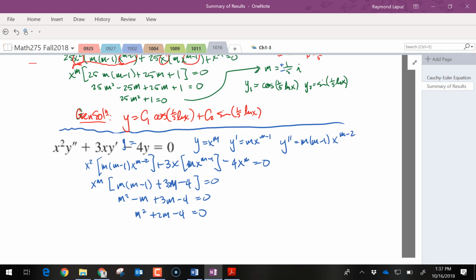Quadratic formula. So from here we're going to say m is equal to negative b plus or minus the square root of b squared minus 4ac divided by 2a. So this is negative 2 plus or minus the square root of, what is this, 20?